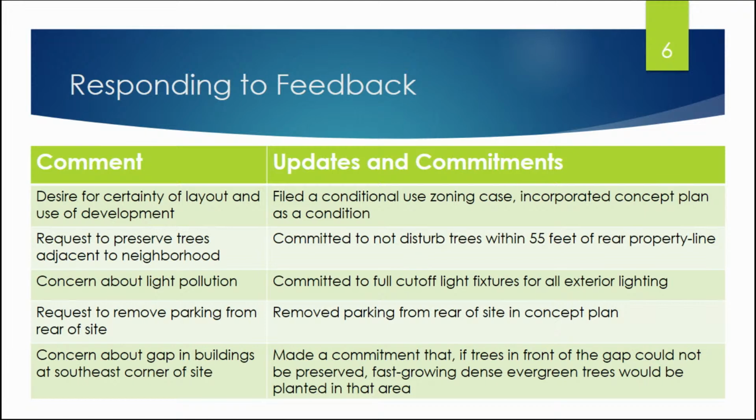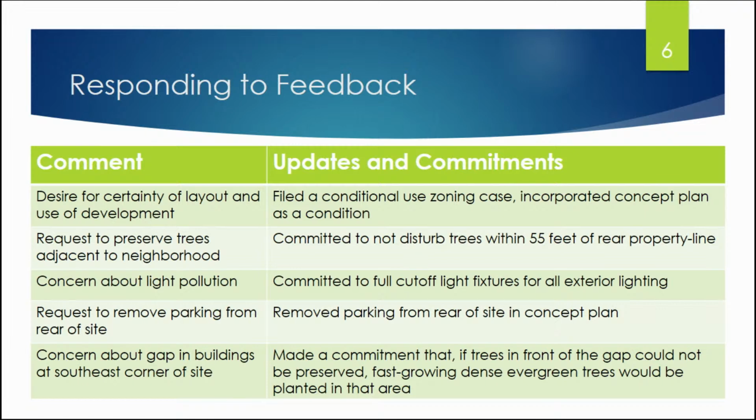At the first neighborhood meeting, the neighbors asked for us to preserve some of those existing trees at the rear property line, so we reworked how we thought we could do the stormwater pond at the back, and we've committed to not disturbing any vegetation within 55 feet of the property line.